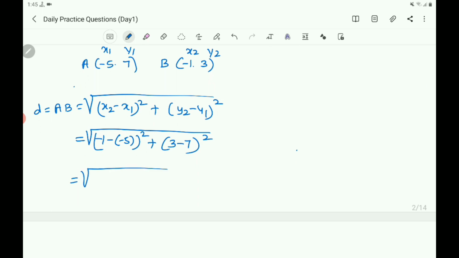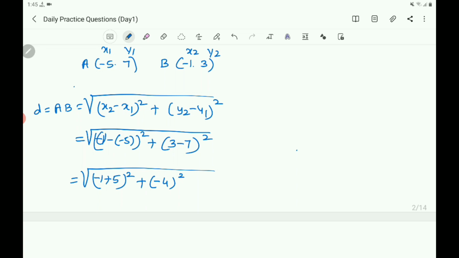That equals square root of minus 1 minus of minus 5 is minus 1 plus 5 whole square, plus 3 minus 7 is minus 4. 7 minus 3 is 4, so it is the greater number, minus 7 is having the negative sign. So 3 minus 7 whole square is minus 4 whole square.